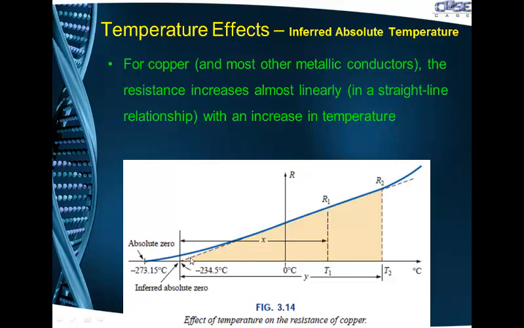So if you approximate this blue curve with a straight line, you draw a straight line which goes with this curve, so that this intersects the axis at minus 234.5 degrees centigrade, where the resistance is 0. This temperature is called the inferred absolute zero for copper material.